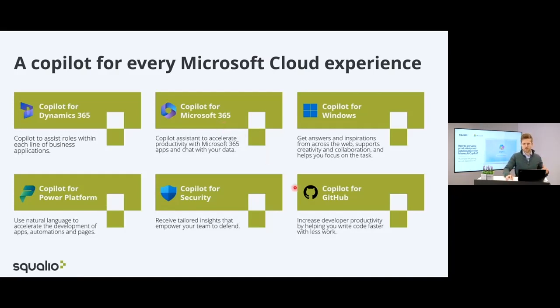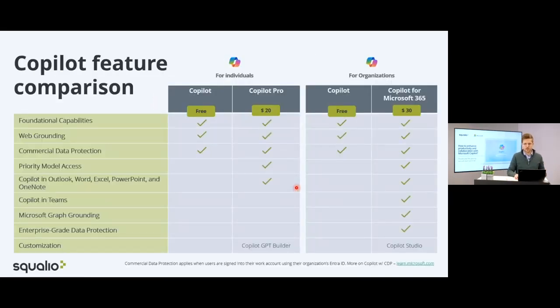There are others too, like, for example, GitHub for software, Dynamics for service and sales, etc. But we're talking about Copilot for M365 today the most. But remember, there are other Copilots with a similar icon, with a similar logo, this rainbow-ish thingy.